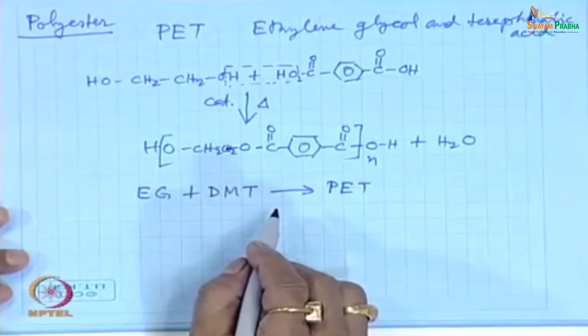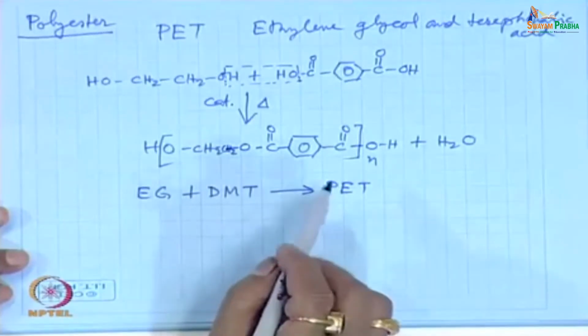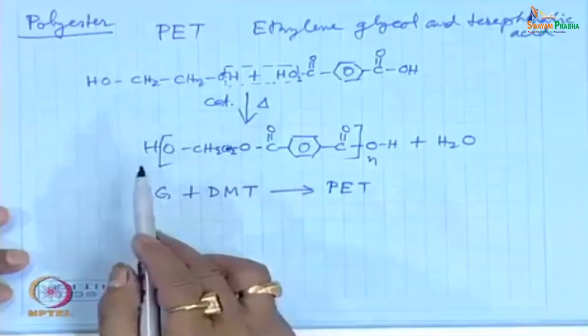If you react maleic anhydride with ethylene glycol or any other alcohol, you will find unsaturated polyester.